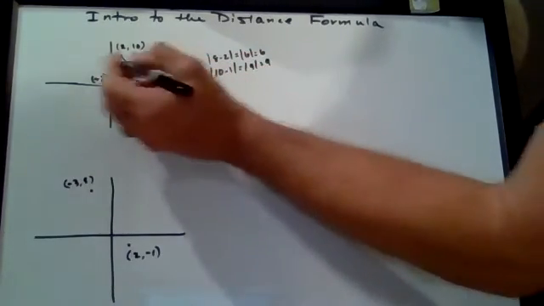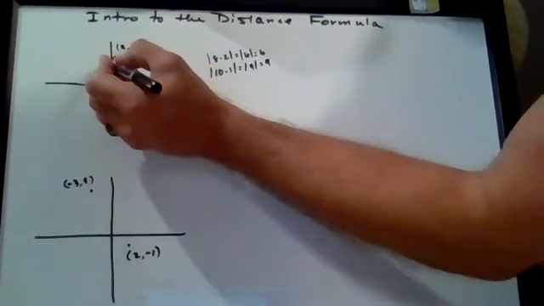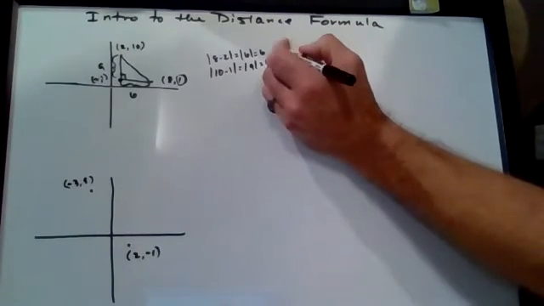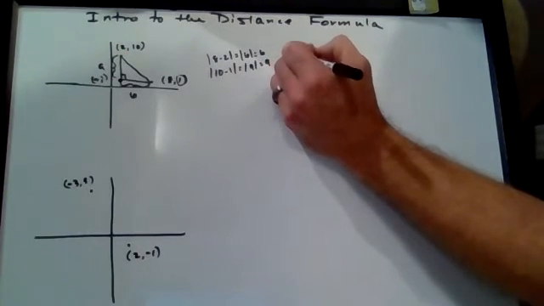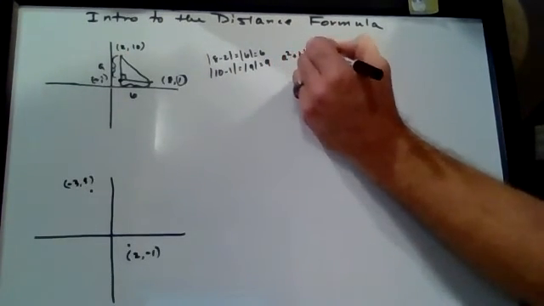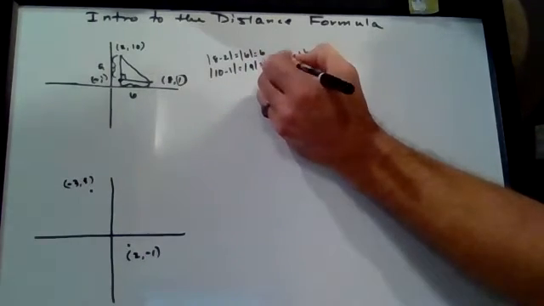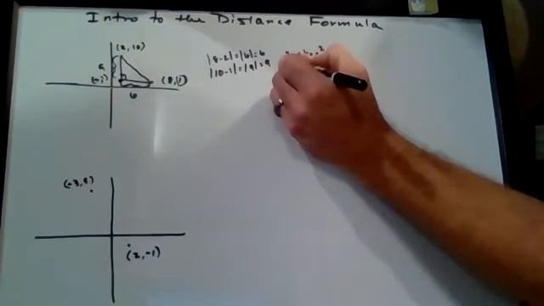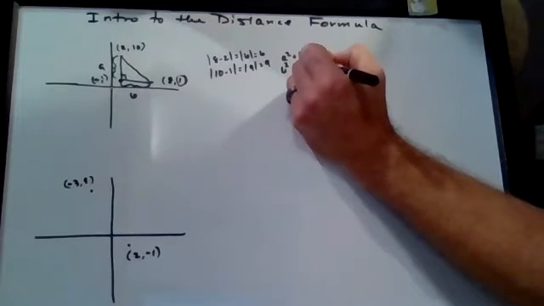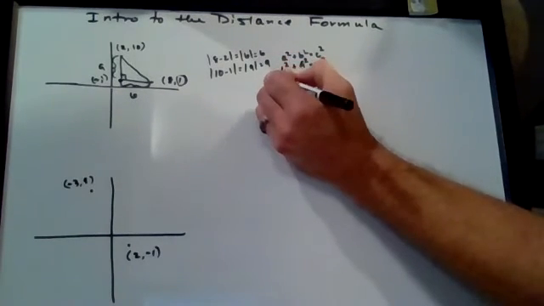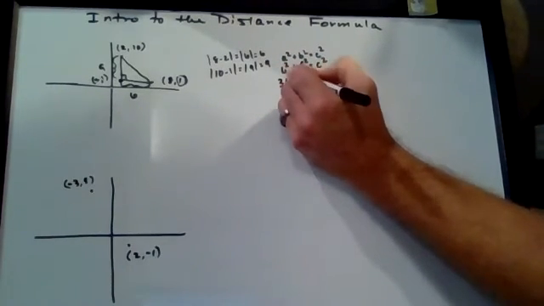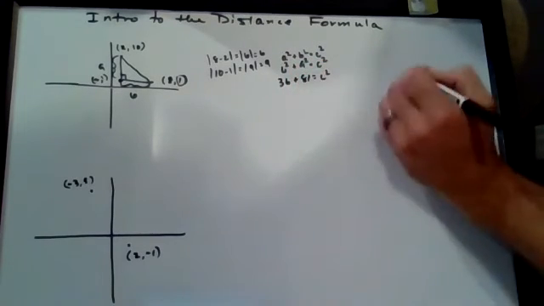Okay, so now we have one length of 6, one length of 9. We say a squared plus b squared equals c squared. Now we can start putting this in. 6 squared plus 9 squared equals c squared. We get 36 plus 81 equals c squared.